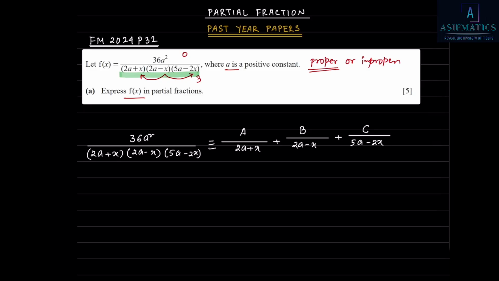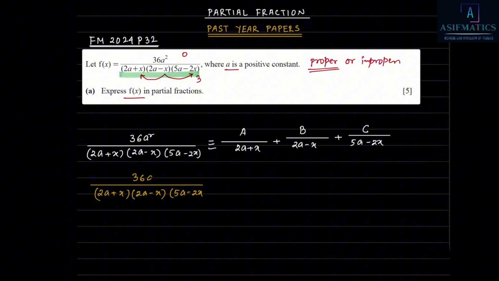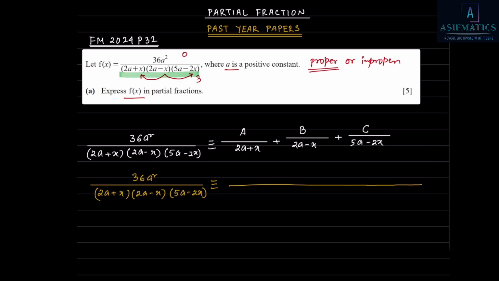Now we can write it like this. We have 36a² is identical to, we can add this part, so we will have (2a + x)(2a − x)(5a − 2x) times the sum.